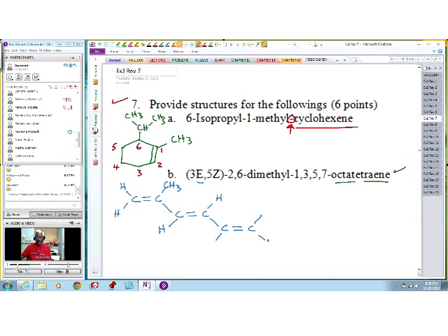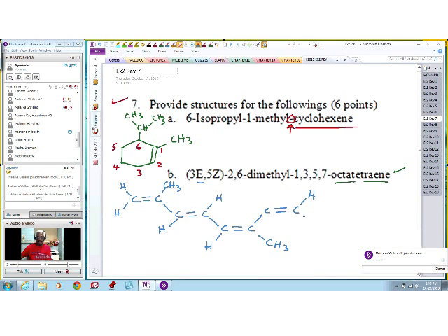On the 6th position, you have a methyl. That means on this here, we have hydrogen. And then here, this is carbon number 7. That means we have this, and that also means we have this here.